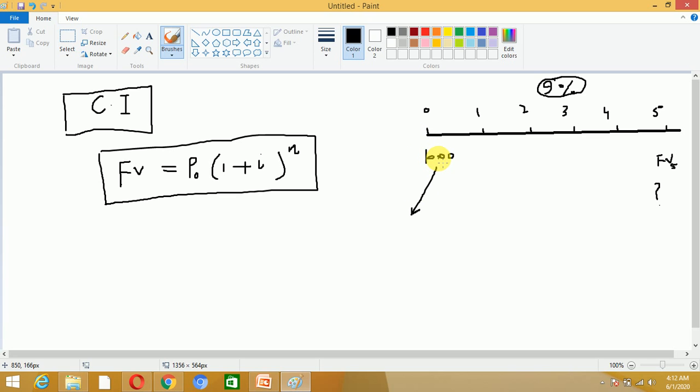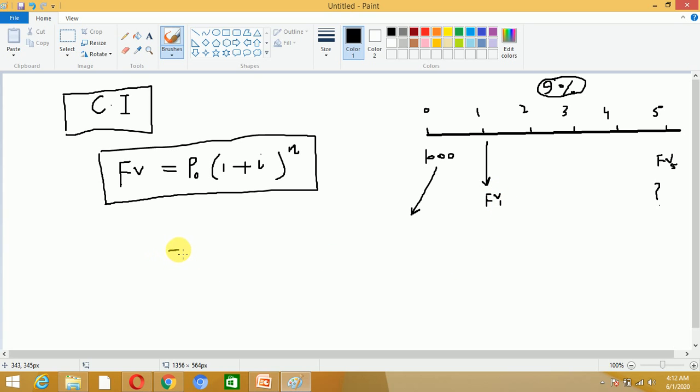Take the example. Suppose you deposit this 1000. So after 1 year, how much money will you get? This is the future value at the end of the first year.